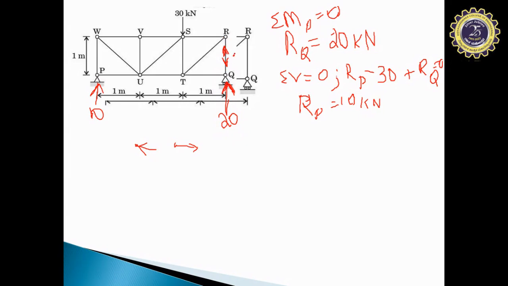So this will be again 20. Clear now how this became 20? If you still have doubts, you can take joint Q and write down the members passing through the joint. Clear? So this is our point Q, and this we know is 20.